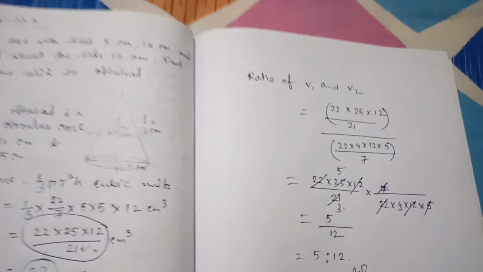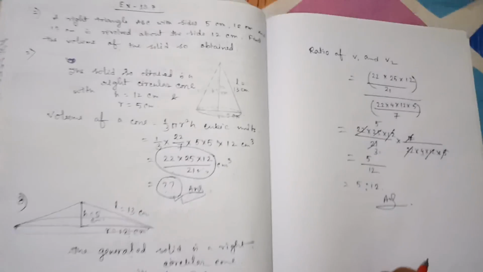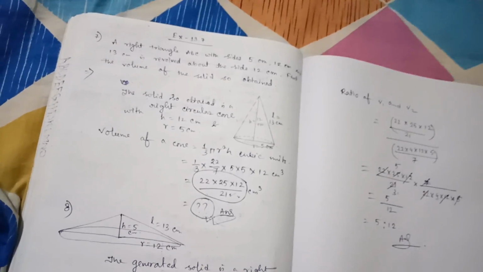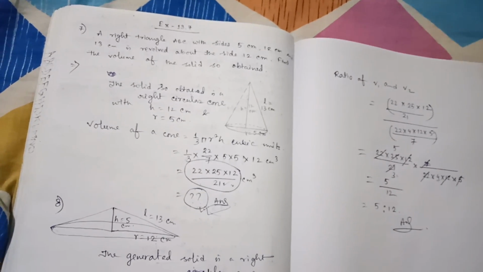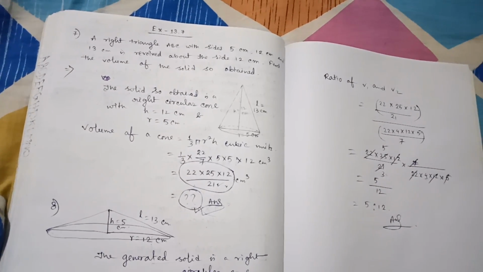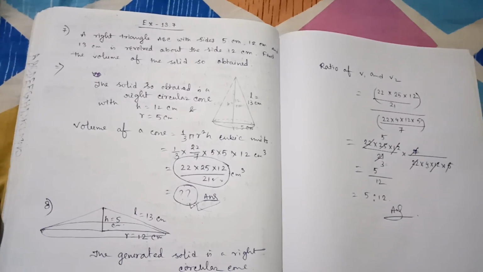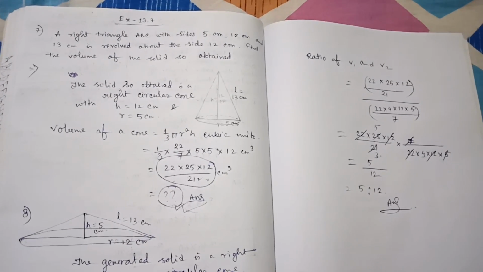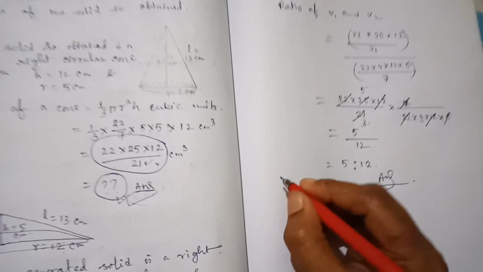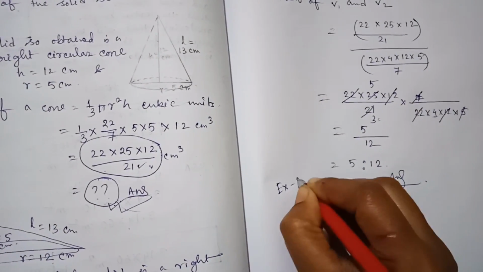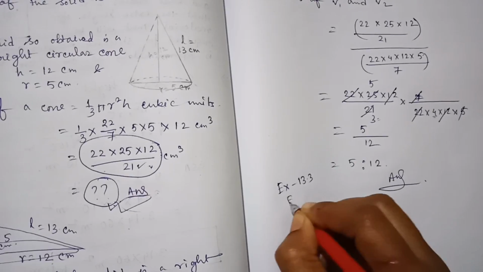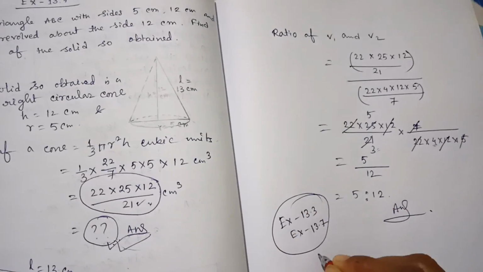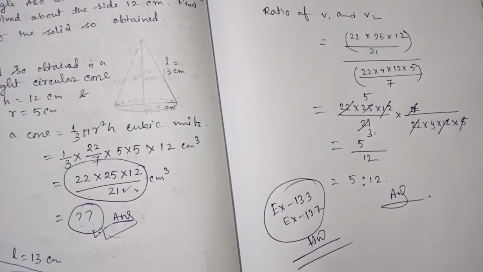Okay. I hope you all have understood question number 7 and question number 8. These two questions are very, very important. Rather, these are very easy, but yet so important. And the previous questions also. Now, exercise 13.7 and exercise 13.3, the rest of the questions will be your homework.